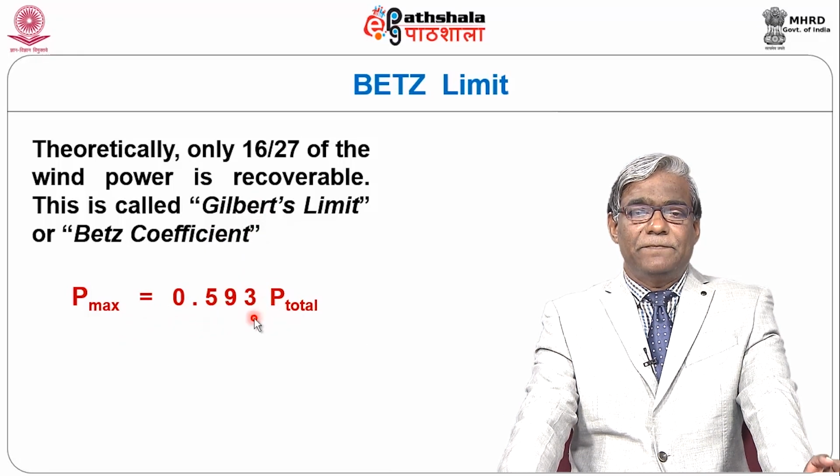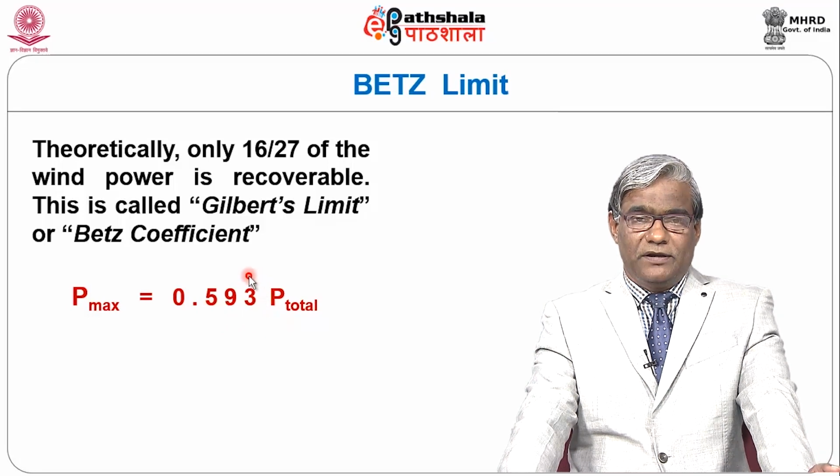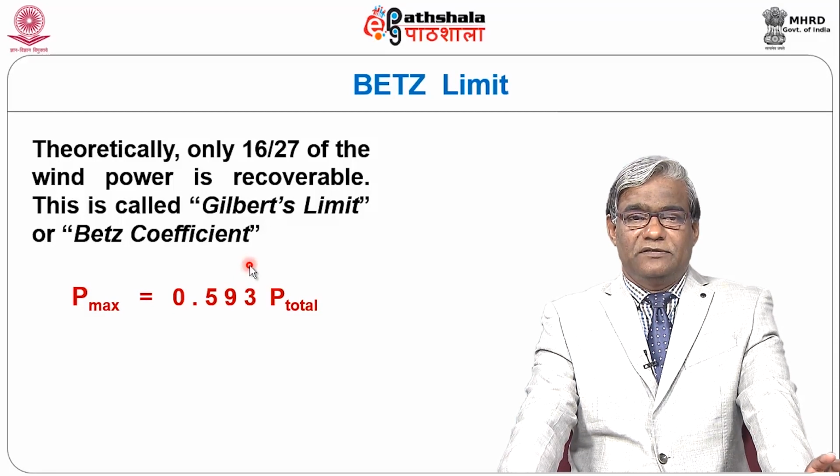Approximately 60% of power could be recovered from the wind; out of 100%, exactly 59.3% could be recovered. That is the theoretical output, beyond which no wind turbine can give output. So that is the BETZ limit, which is about 59.3%, the theoretical limit.